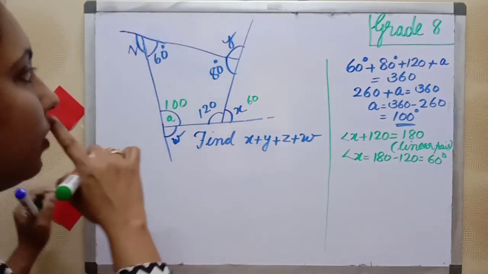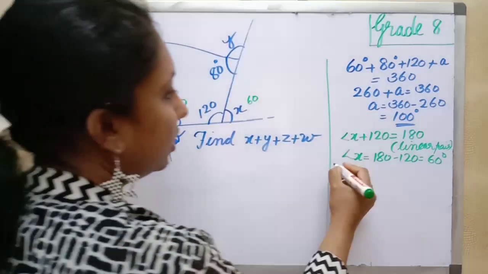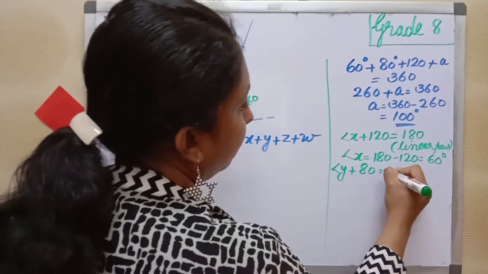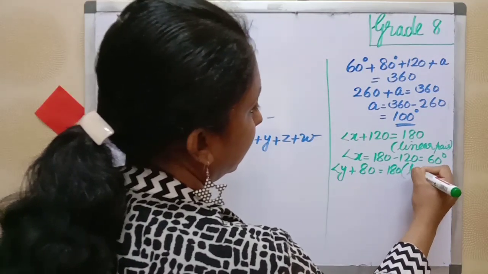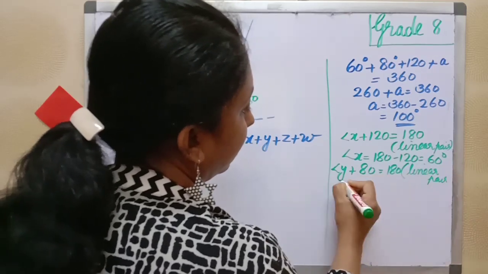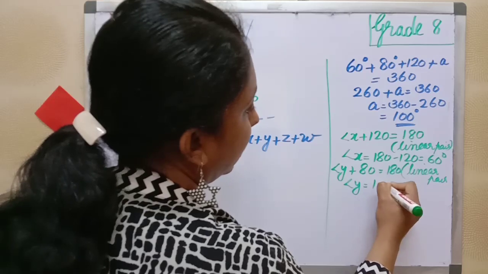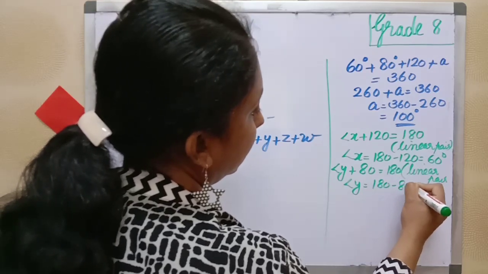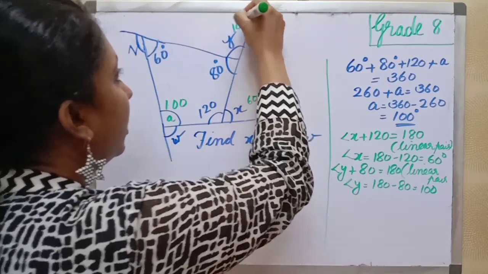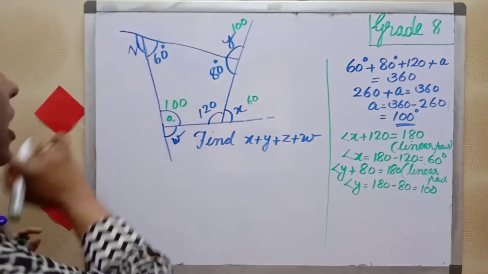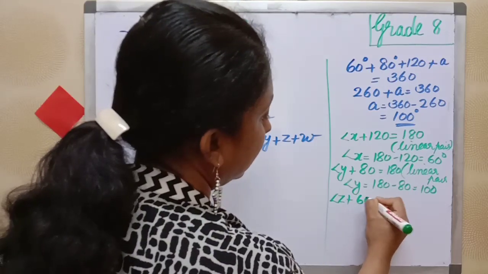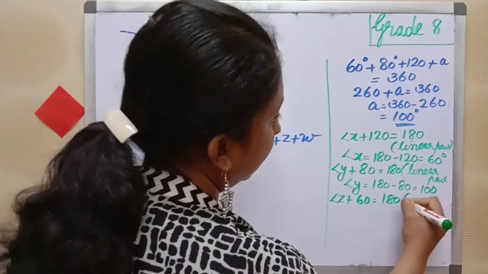Now y also is a linear pair only. This angle y plus 80 is equal to 180, linear pair. Angle y is equal to 180 minus 80 is equal to 100. So angle y we got 100. Same way angle z. Angle z plus 60 is equal to 180, linear pair.